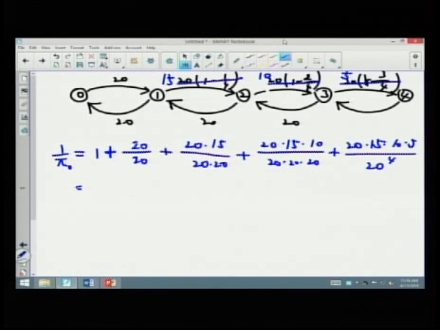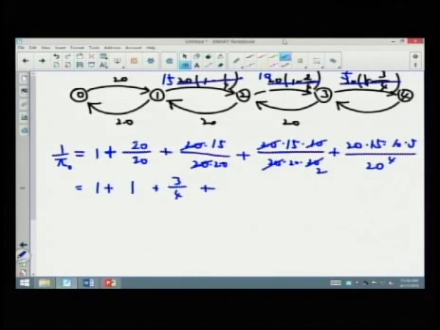So we can see that this is 1 and this is 1, right? This is the same. So what is that? It's 75%, right? So 3/4. And then this can be reduced down to 2.